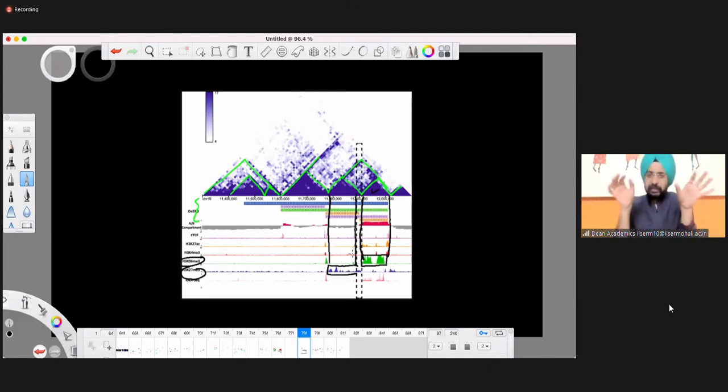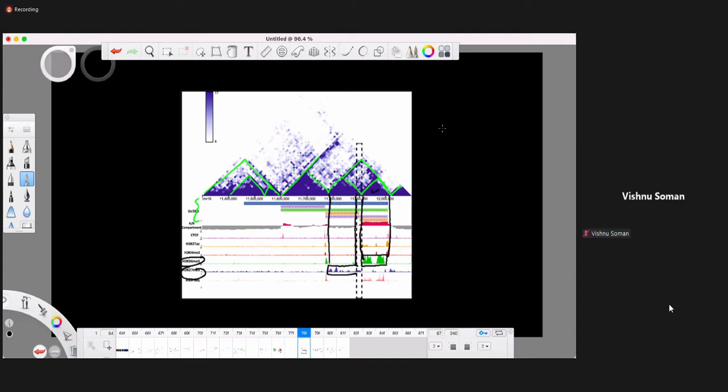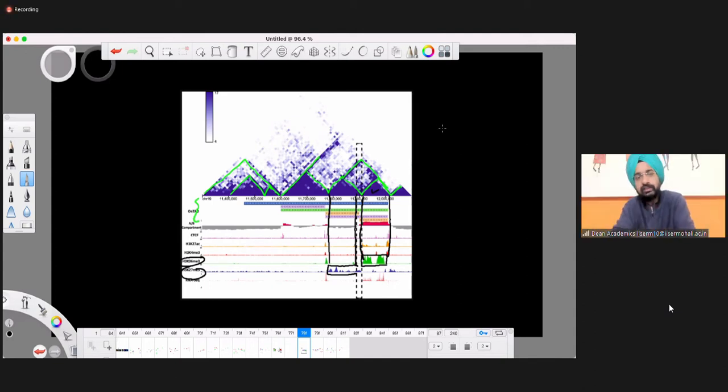Can anybody guess why that is so? What is the advantage of this segregation? What is the physical significance of this kind of segregation that I just spoke about? You see some domain organization there, right?